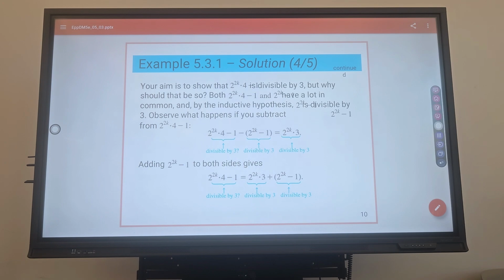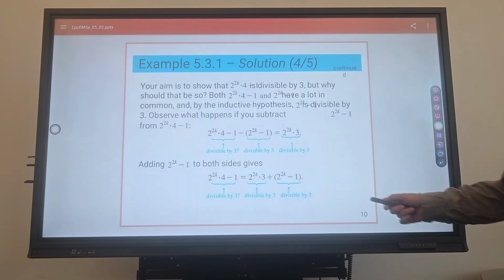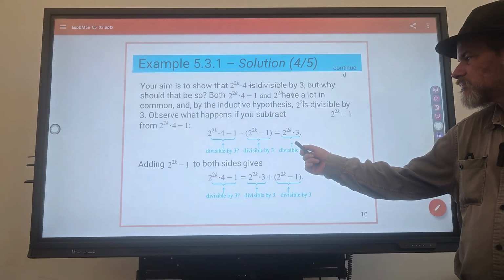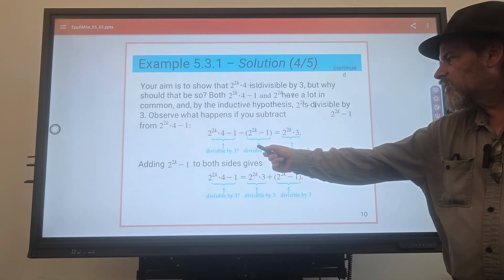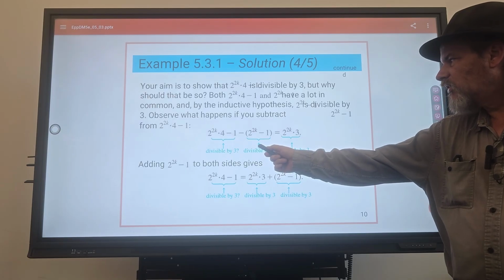You get 2 to the 2k times 3, which is divisible by 3 because it is some integer times 3.